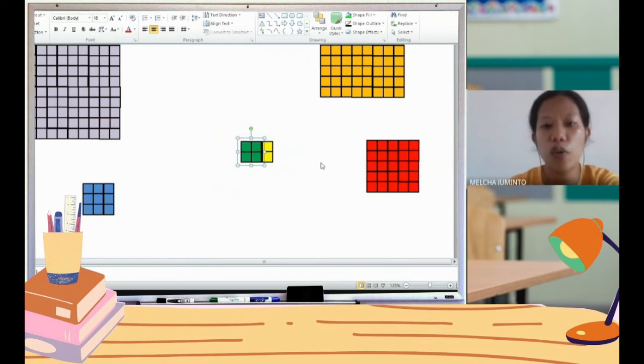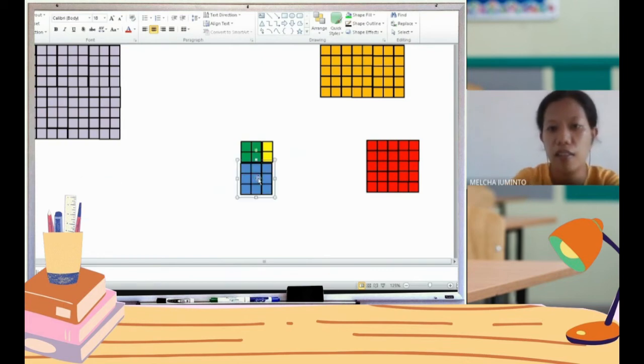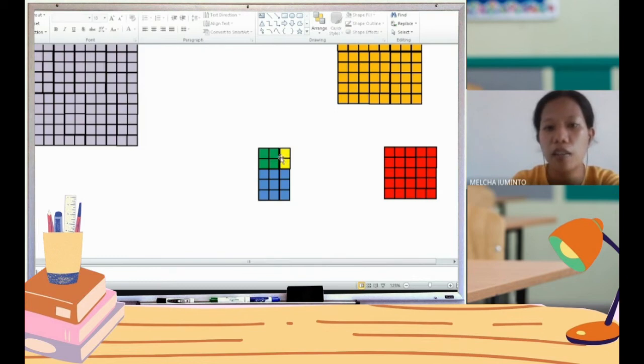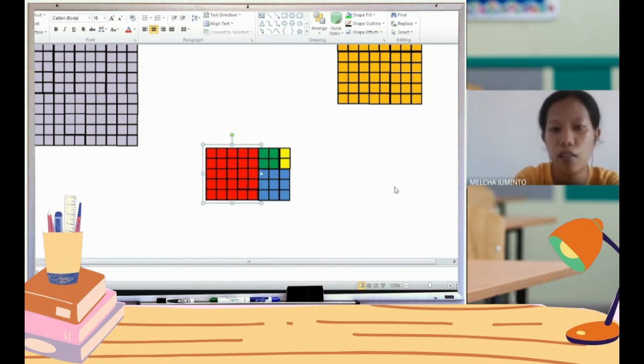And then next, to form another golden rectangle, we will apply 3 by 3 here. Still, another golden rectangle is formed. So 1, 2, 3, and then if we apply another, this time 5 by 5, the red squares, we still formed a golden rectangle.